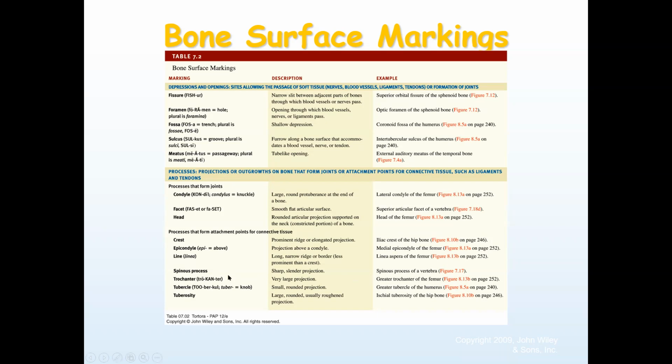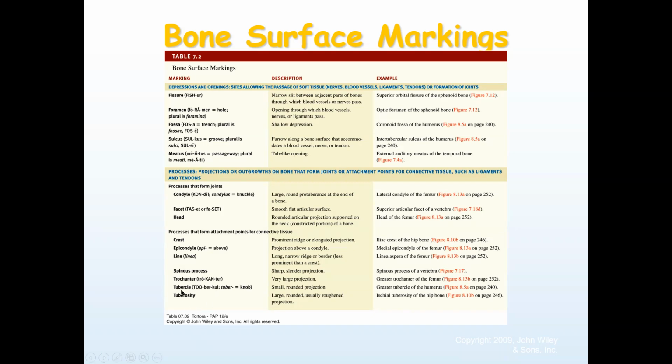Then now we have the trochanter, which is a large projection. So basically a trochanter is a bit of bone that just sticks off of the main bone. It projects off of the main bone, right? And as we're going along, of course, I will be pointing out all of these things on the bones we're looking at, right?